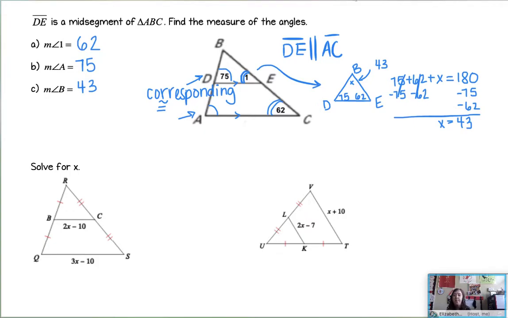Cool. So let's look at this first one. So we need to remember for this stuff that 2 times the midsegment is equal to that third side. All right, so I know I want to have 2 times my midsegment equals the third side.